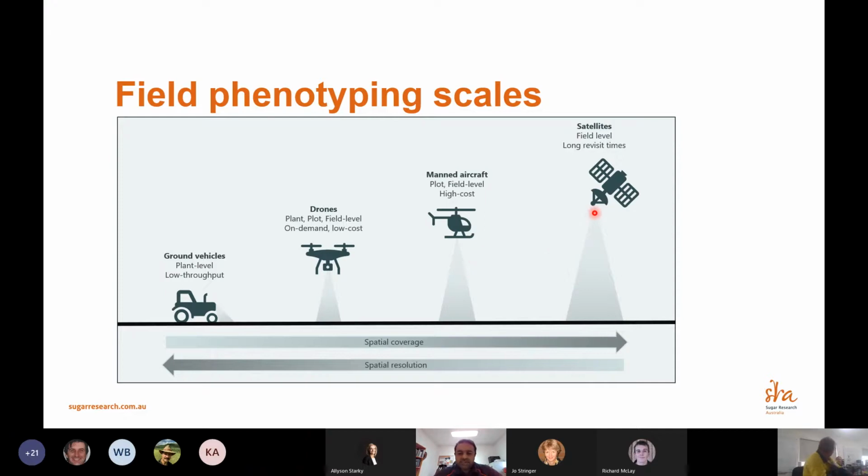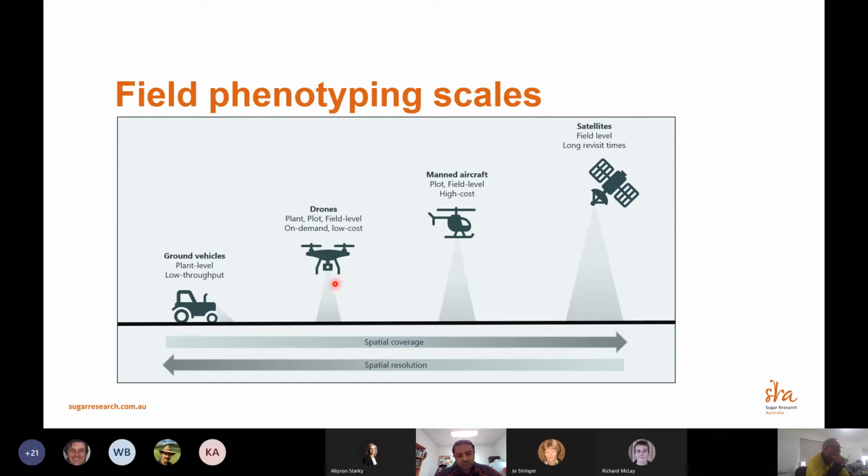The satellites are getting better and better with each commercial launch, but the highest resolution you can get for multispectral imagery using satellites is about 1.2 meters, which is still quite low to phenotype breeding plots, to phenotype small plots. So the technology is still not there yet from the satellites to do field-based phenotyping.